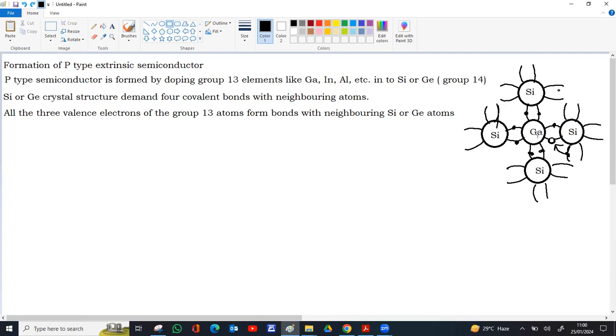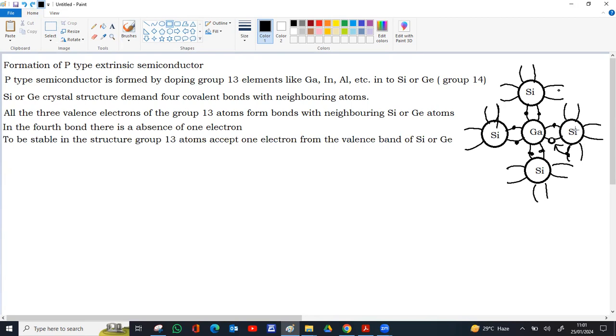So the addition of each gallium atom leads to absorption of 1 electron from the neighboring silicon atoms. That leads to a hole formation in the silicon atom. This hole formation is not associated with the formation of a free electron.